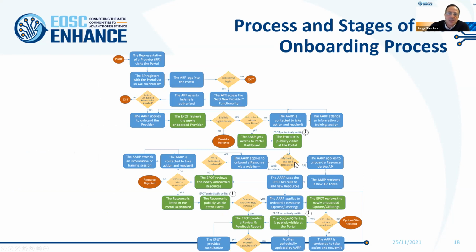You can see that the process includes 16 different stages, all of them needed in order to have a trusted environment for the EOSC and followed for all the providers and resources that are currently being onboarded by the EOSC Portal onboarding team.